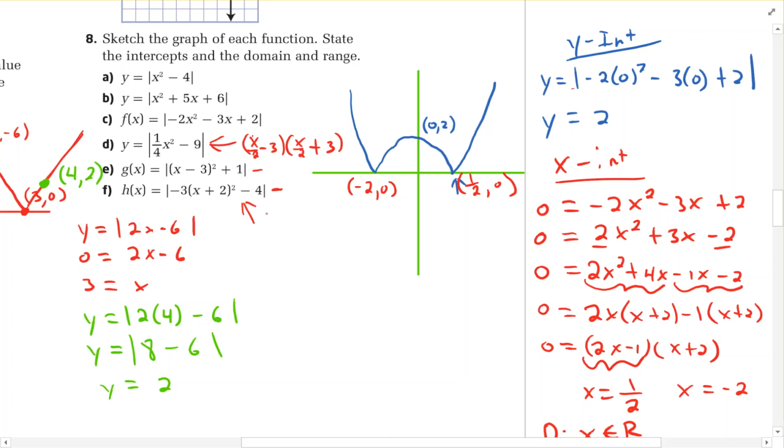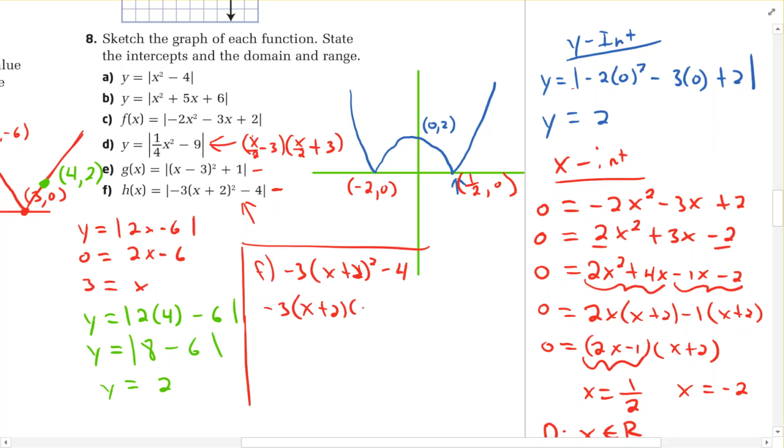So what you need to do is expand all of this. So let's say like this bottom one here. It's getting a little messy. This bottom one here, f. To expand that, remember, we need to write this out again as -3 times (x plus 2) times (x plus 2) minus 4.